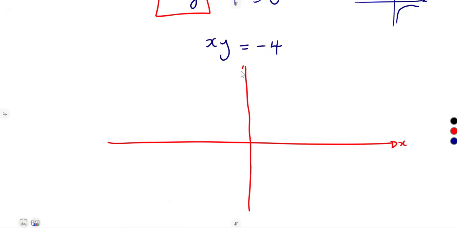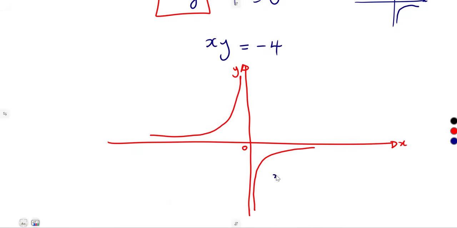Yes, you can have your points: when x is this, you substitute and find the y values. Still, it is going to give you one and the same thing on your presentation. So for a negative value of k, we are going to have our graph in the second and another one in the fourth. So like I said, that is what you just need, guys.